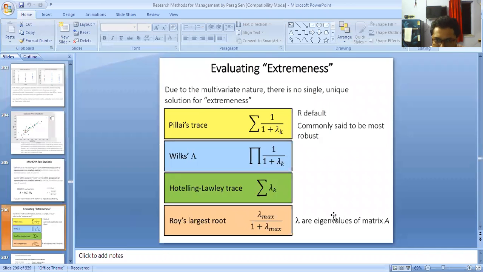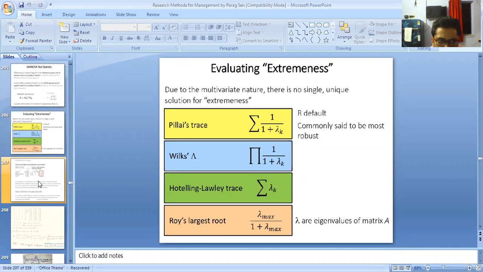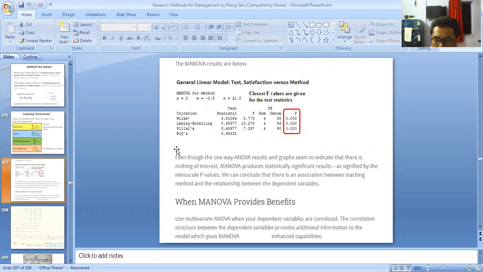You don't need to go into much detail about those statistics, because using your software you can perform the tests very easily, and you can also get the p values. The closest F values are given for the test statistics, and you are getting the p values.